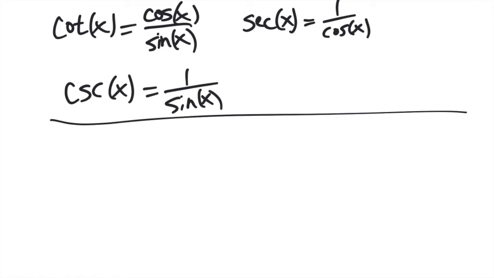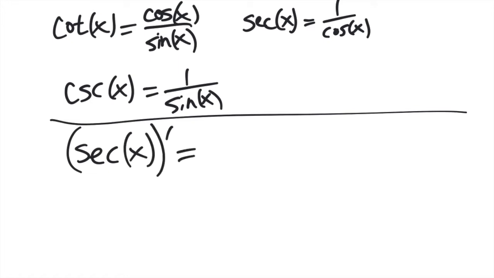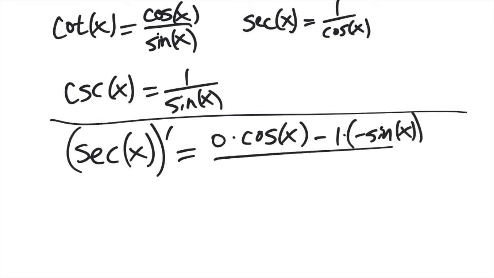So for example, the derivative of a secant is equal to, you have the derivative of the top is the derivative of 1, that's just 0, times the bottom, minus the top, times the derivative of the bottom. Remember the derivative of a cosine is a negative sine of x, and then all divided by cosine squared of x.